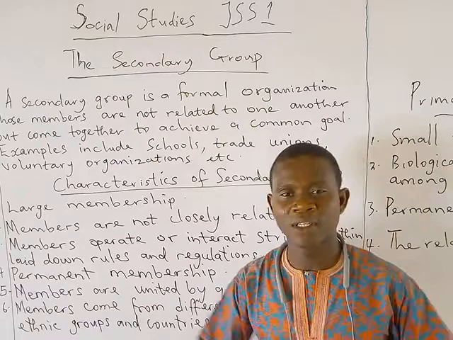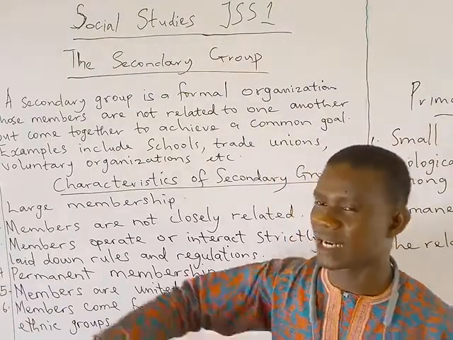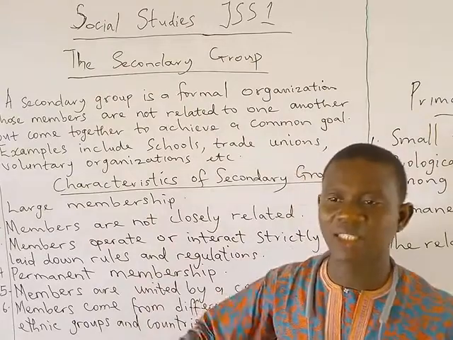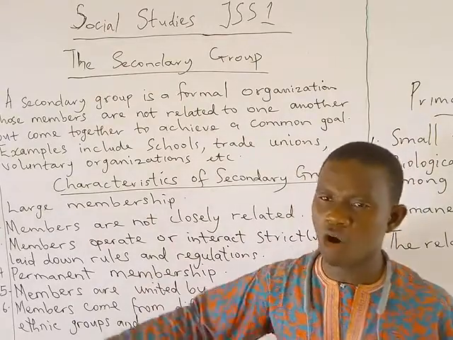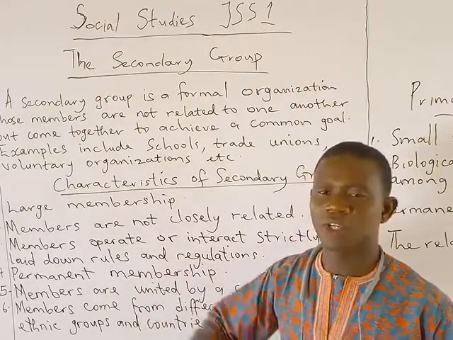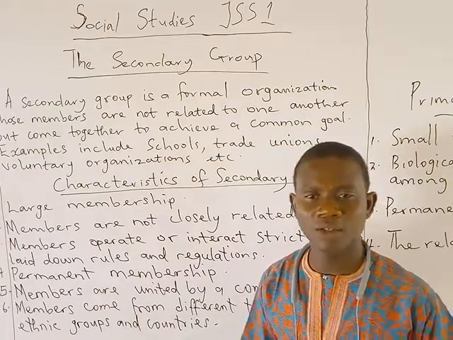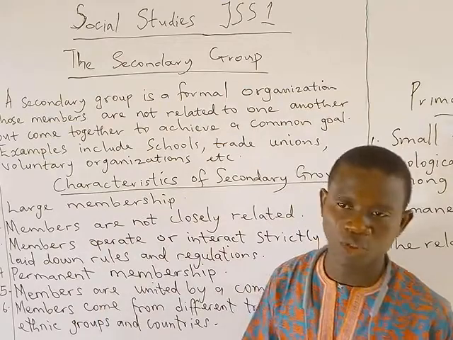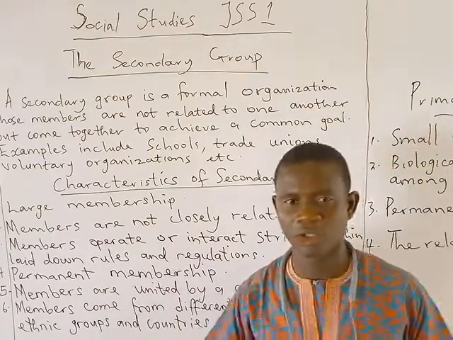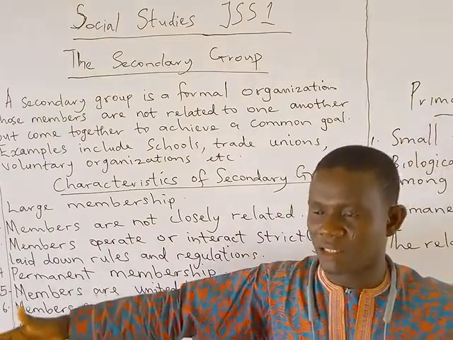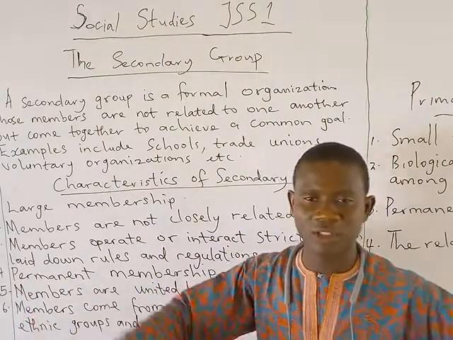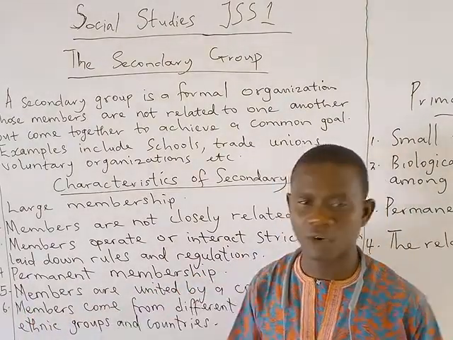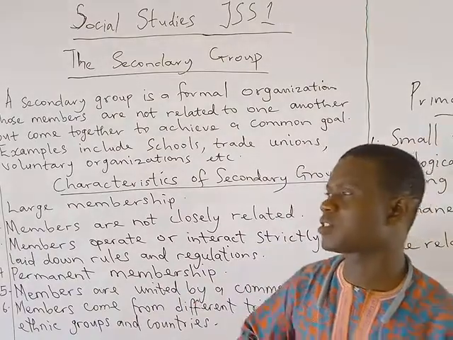A good example of secondary group is the school. Then you can talk about trade union, and voluntary organizations like the Red Cross, Boys Brigade, Man O' War, and so on and so forth. These are examples of secondary group.